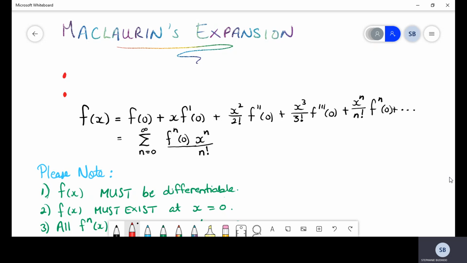And the Maclaurin's expansion is just simply one of those types of series that allows for functions to be written as a polynomial. The Maclaurin series is used to approximate values of a function, and this approximation, this Maclaurin expansion, happens to be extremely accurate.